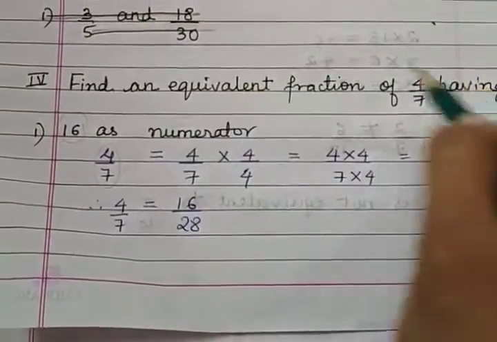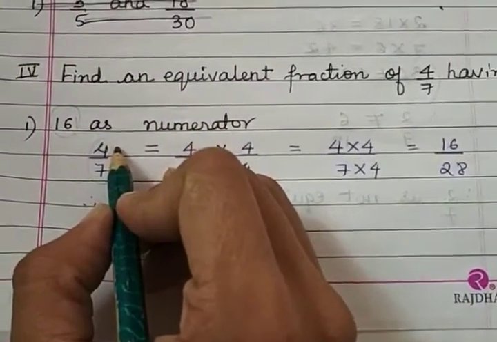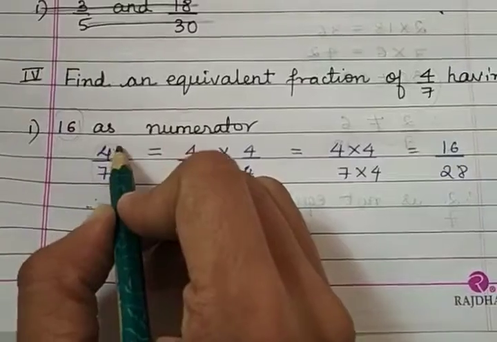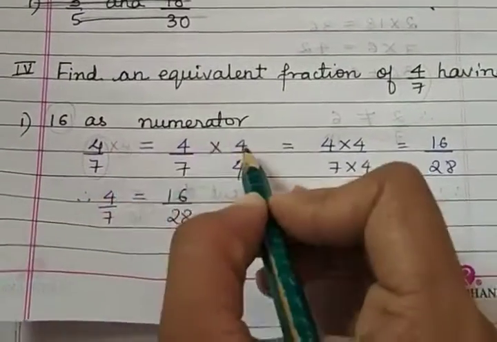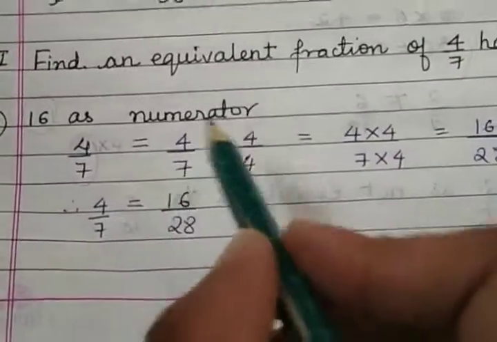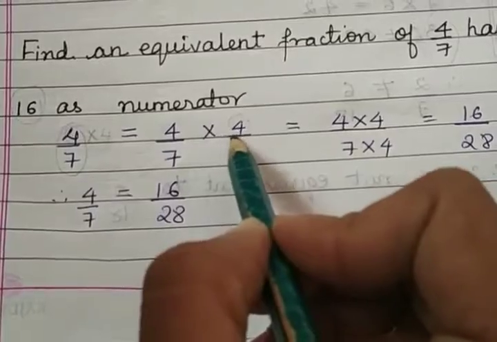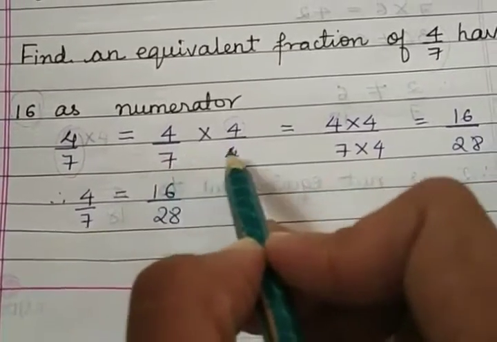To get the numerator as 16, which number will you have to multiply 4 by? When you multiply 4 with the number 4, you will get 16 in the numerator, right? So whichever number I multiply the numerator by, the same number I have to multiply with the denominator.